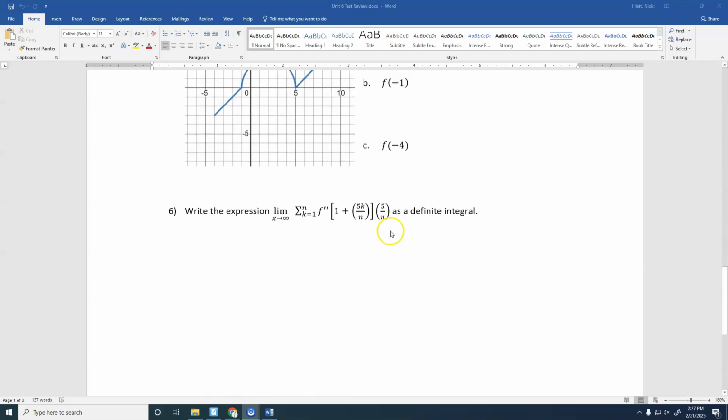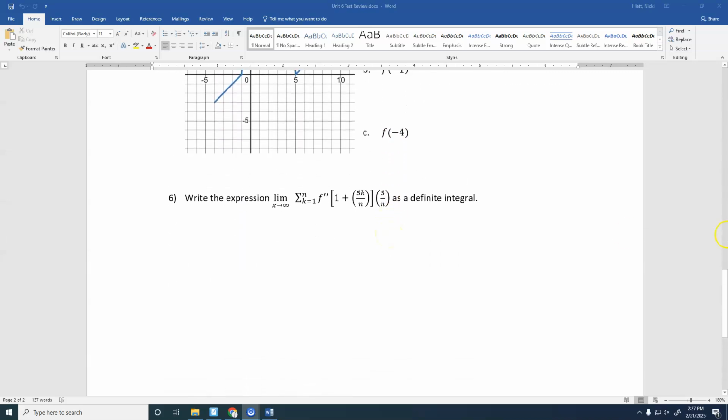Last one here. So there could potentially be one like this, where it asks you to write the expression as a definite interval. These are not easy, and I don't want to spend a ton of time going over it. I want to go over some tricks that can help you decide what the answer would be.